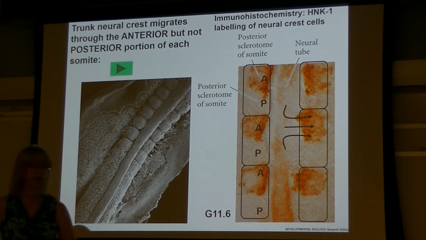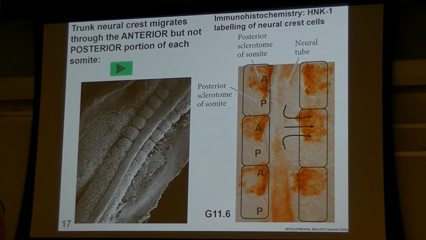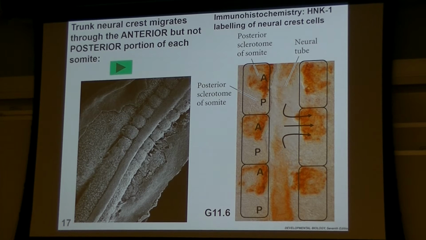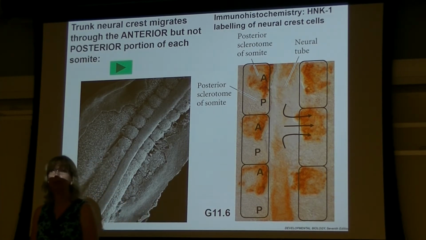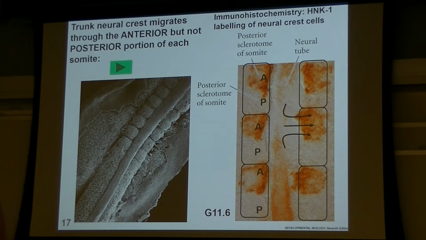The somites are these repeated units, and in the anterior half of each repeated unit, you'll see trunk neural crest cells zooming through that territory. To demonstrate that scientifically, they've labeled the neural crest cells with an antibody that will give rise to a colorimetric reaction, so immunohistochemistry.